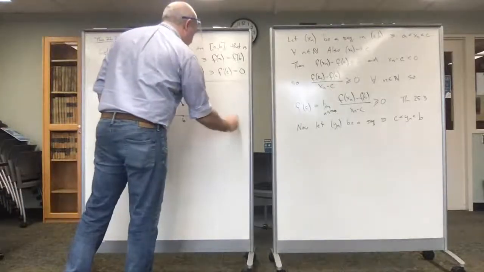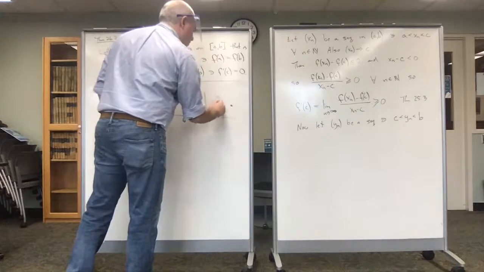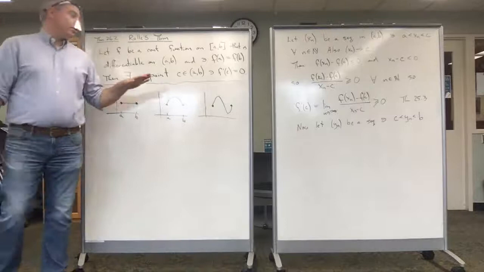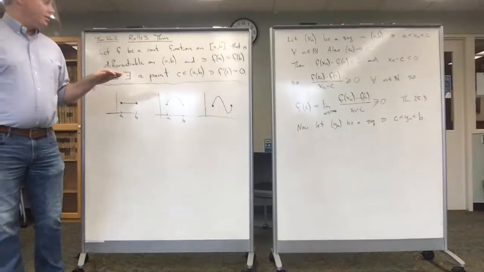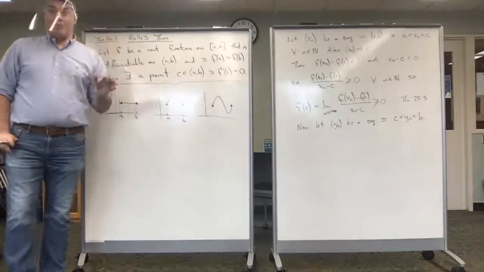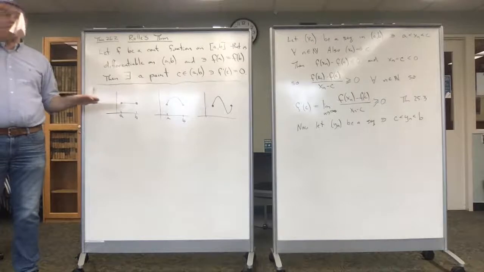You could have a situation where you have something like this, where the endpoints aren't the min or the max. But it's good enough for me if I just know they're not both. In this case, they're actually both the max and the min.